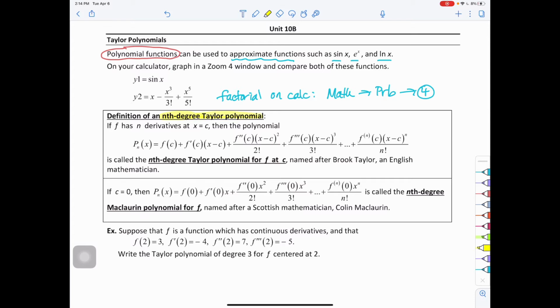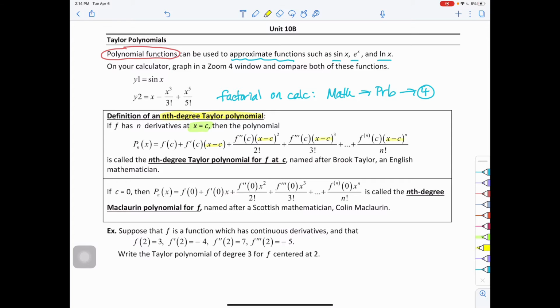If a function has n derivatives at x equal to c, then the polynomial p sub n of x is equal to f of c plus f prime of c multiplied by x minus c plus, and you can see all of the continuing terms.